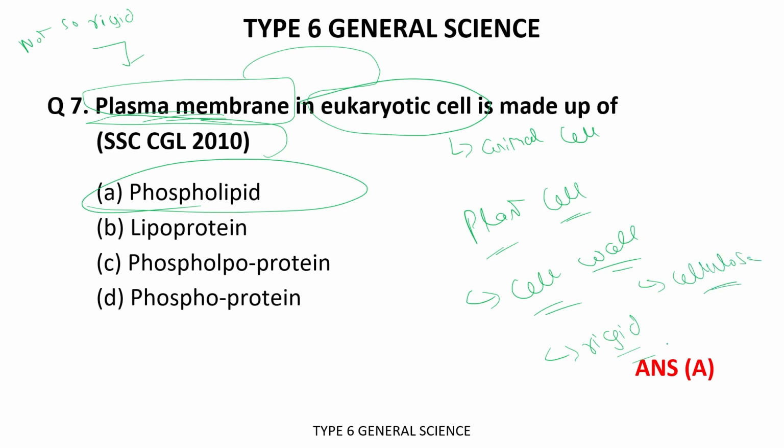Plasma membrane has the prime function to ensure the exchange of materials between the cell and the surroundings, whereas the cell wall is primarily focused on the shape of the cell. Okay, so remember these details.